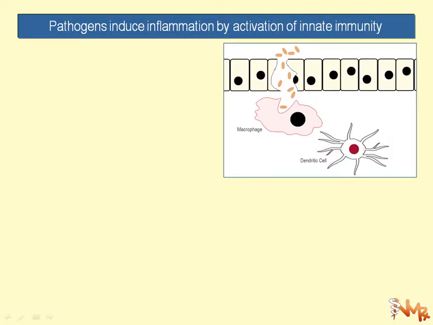Look at the macrophages, they are big cells in the tissues, and look at that unique dendritic cell. I'm just showing a few arms, if you wish, or extensions on the surface. But they have many of these extensions on their surface.